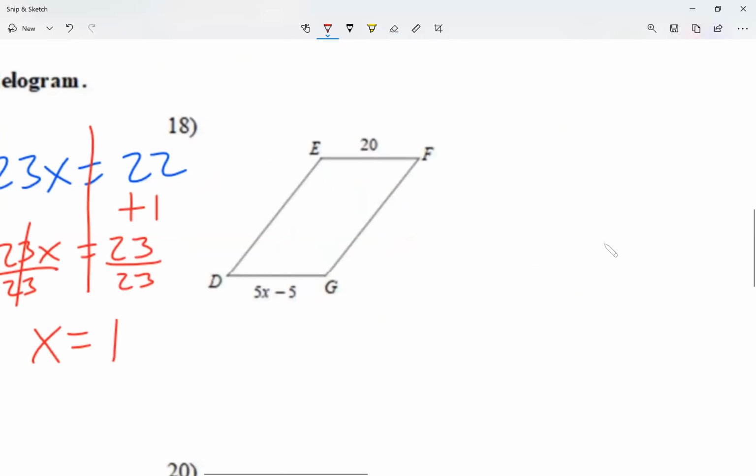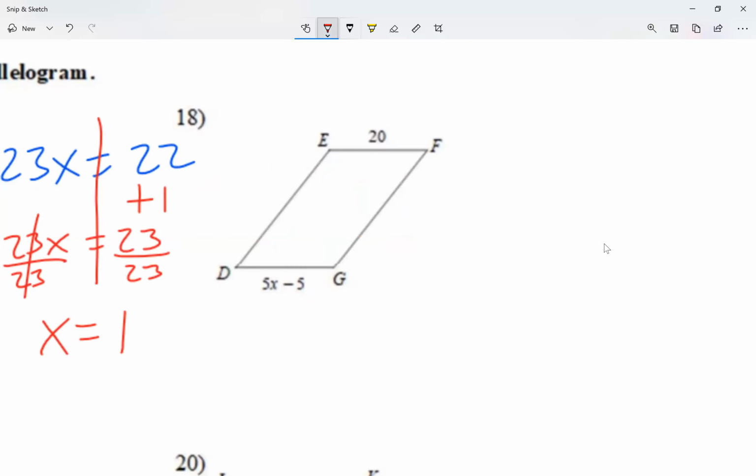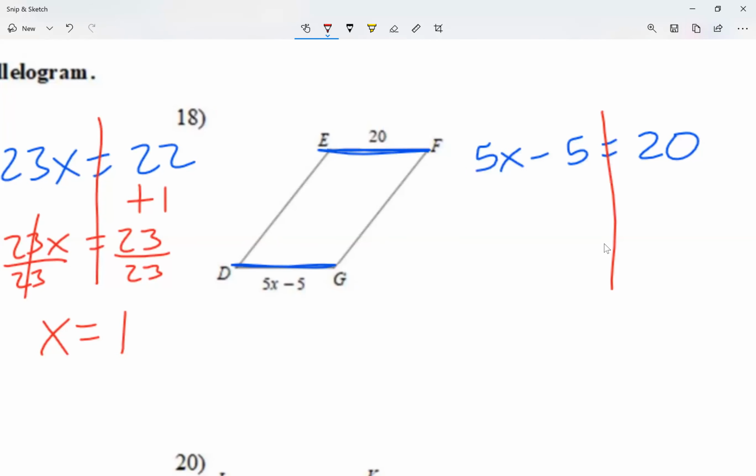All right, let's take a look at number 18. I see one side is 20. I see this other side right here is 5x minus 5. I know those are the sides that are parallel, but not only are they parallel, they're also equal to each other. So I'm just going to go 5x minus 5 is equal to 20. And then we'll just solve for x. Let me separate my sides at the equal sign to get the 5x by itself.